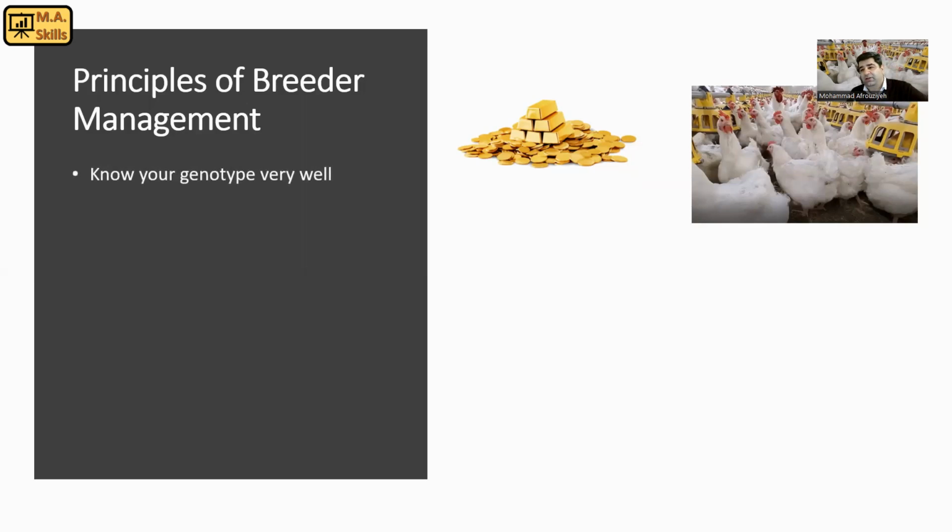First, if you want to have a successful management on your broiler breeder farm, know your genotype very well. If you are using Ross, if you are using Cobb, if you are using any breed, just know their requirements.